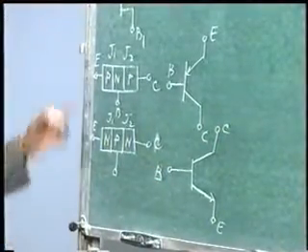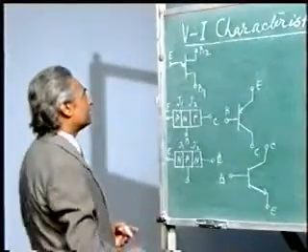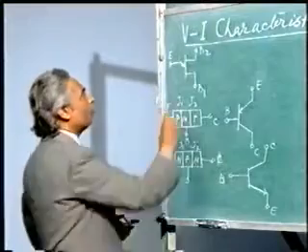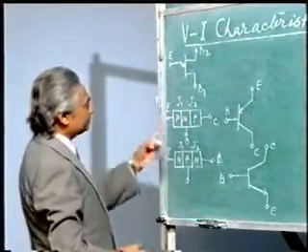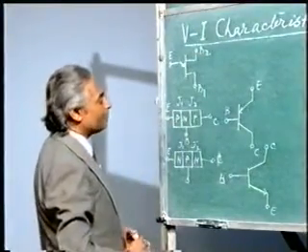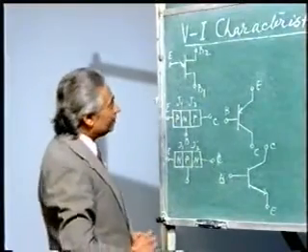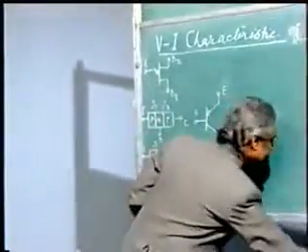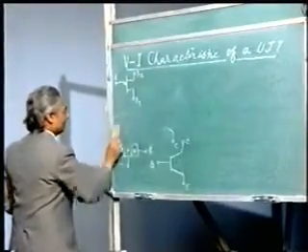So clearly the difference between the two is that the UJT has only one junction, hence it is known as uni-junction transistor, and these have two junctions, that is why they are known as bipolar or bijunction transistors.